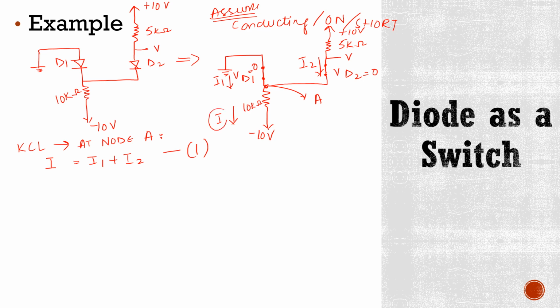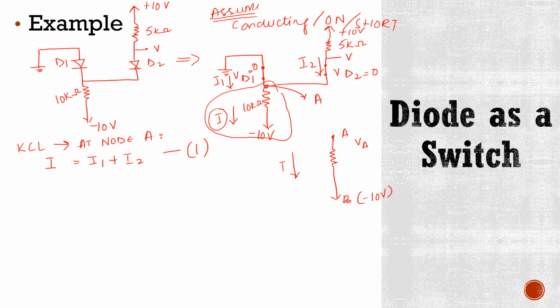Now how are you going to find this I? If we look at just this part of the circuit, we can draw this part separately like this. This is point A where VA will be the voltage. This is point B, and we know that point B voltage is minus 10 volts.